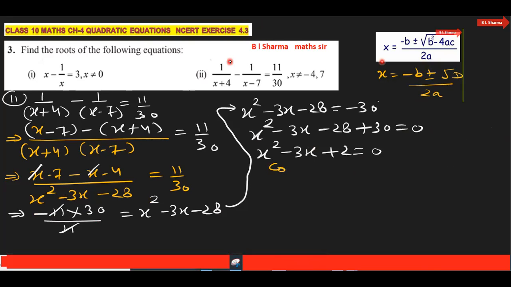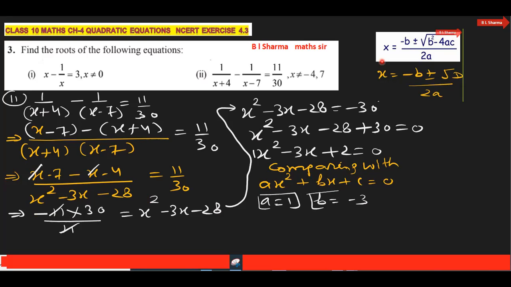So comparing with the standard form, that is ax square plus bx plus c is equal to 0. We have a is 1, b is -3, and c is 2.